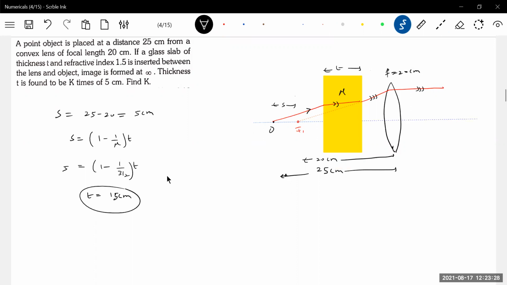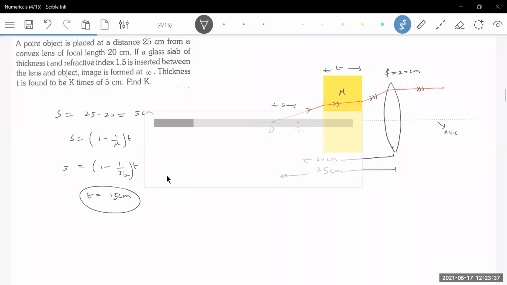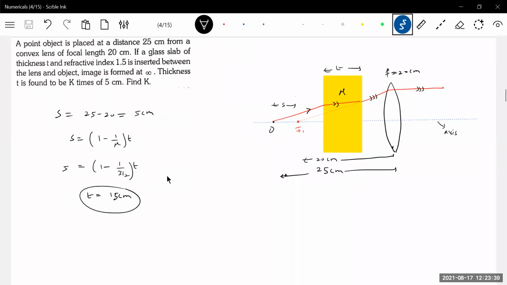Show one ray just above the axis, that will be enough. This is the axis. The slab is very popular in questions near a convex or concave mirror, or near a lens. Some questions are there. Just think on them.